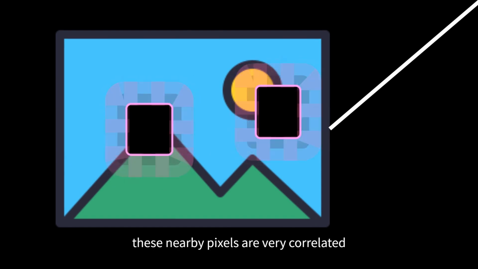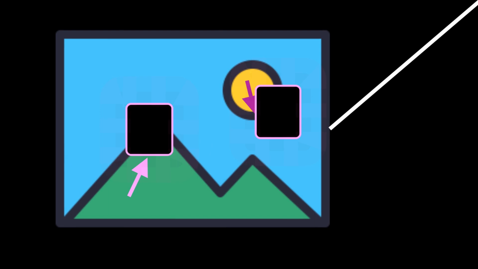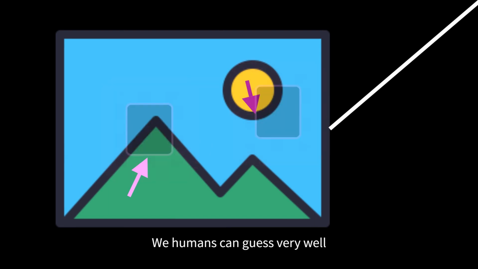In fact, these nearby pixels are very correlated with each other. We humans can guess very well a sharp corner of a mountain top, a partial arc of a circle. So I also hope that the model can learn the mutual dependency information here, effective information, as part of understanding the picture.